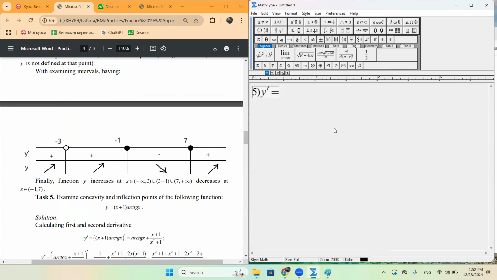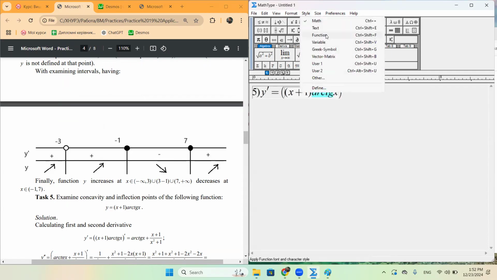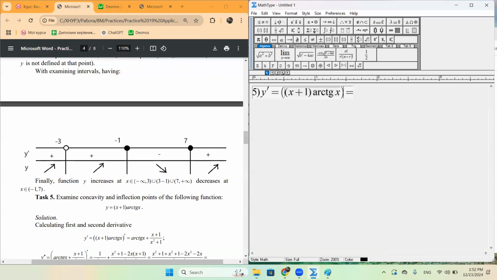So calculating the first derivative: arctangent of x plus the following fraction, but don't forget the square here. And now we will differentiate it. So we're finding the second derivative.